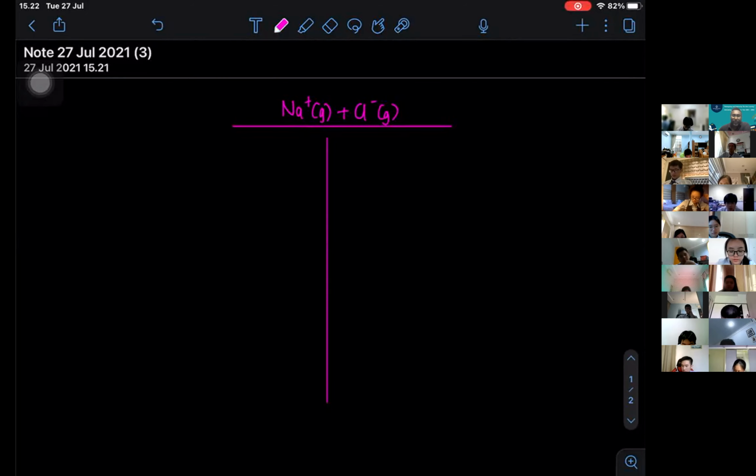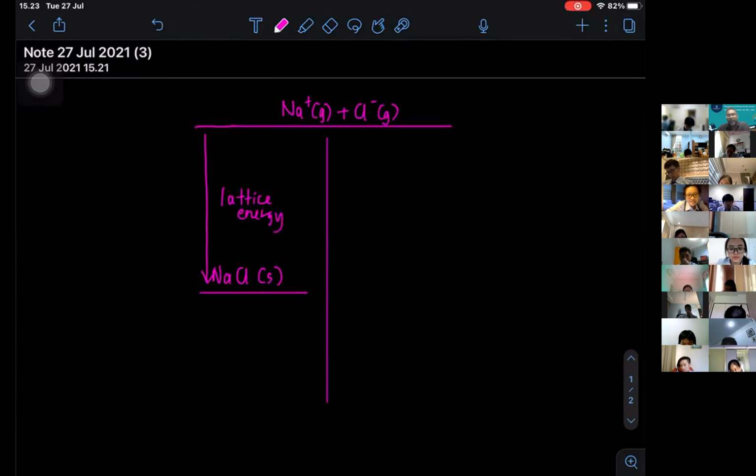When you look at lattice energy, for example, you are going to get NaCl solid. This one is going to be from here. So now if I want to show this, from here to here, this is my lattice energy. Everyone should know this.